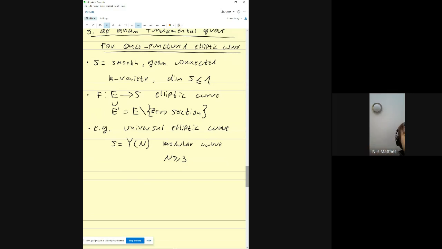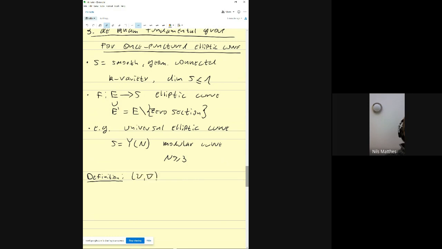So the first thing that we have to do is settle the question of what is the analog of this unipotency condition. This is something completely general, has nothing to do with elliptic curves, could be defined much more generally.